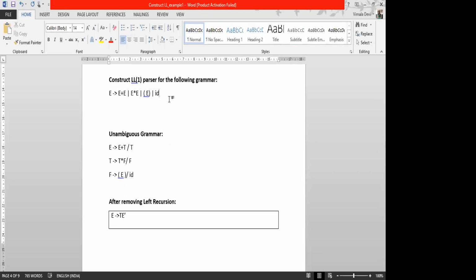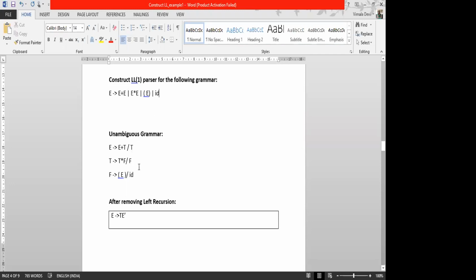To confuse you, either they will give you this grammar or sometimes they will give you that grammar to construct the LL1 parser. Whatever form of grammar is given, make sure that it is unambiguous and there is no left recursion. That is why I have given the steps. This is an expression grammar, this is also an expression grammar. All are equivalent to each other, only this one is unambiguous and this one is free from left recursion.